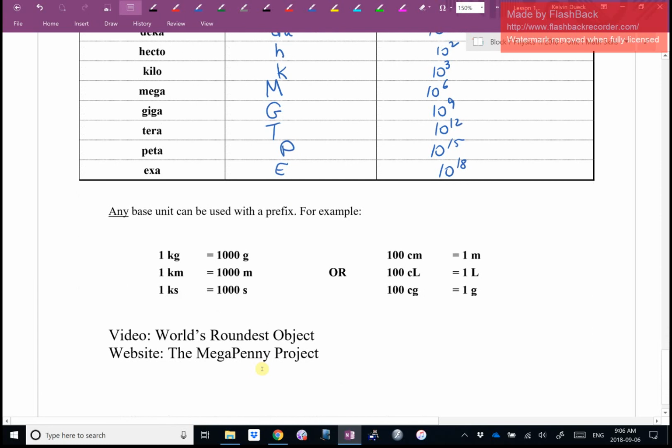Any unit can be used with a prefix. For example, 1 kilogram, I just replaced the kilo with a 10 to the 3 or 1,000. Now it's grams, back to its base unit. 100 centimeters. To go to meters, I would replace the letter C with a 10 to the negative 2. If you go 100 times 10 to the negative 2, you'll get 1 meter.